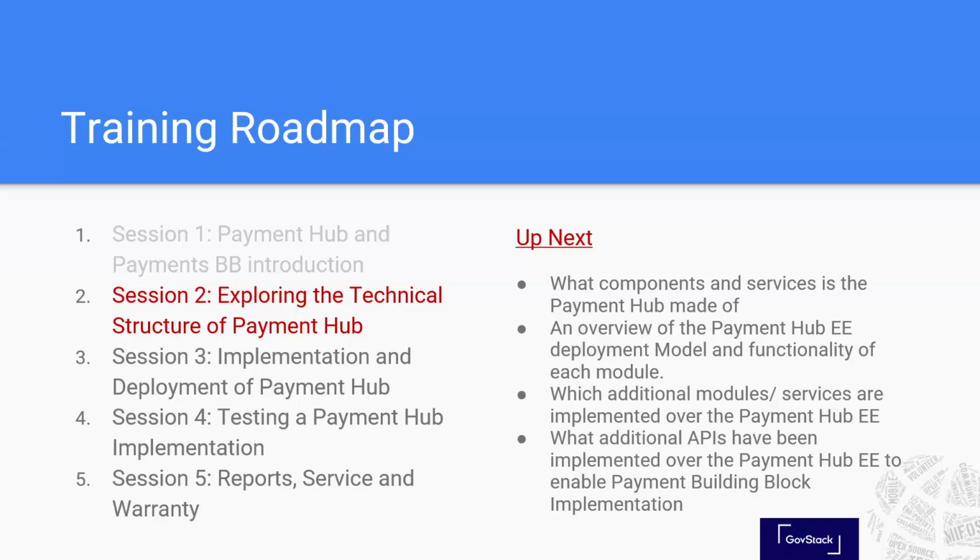In session 4, we'll be talking about testing a payment hub implementation. So we'll be taking up the end-to-end scenarios, pick them up and just walk through them, saying this is a possible way to check them and see what steps are occurring, what are the prerequisites and what should be the outcomes. And finally, we'll talk about the reports and service and warranty stuff.